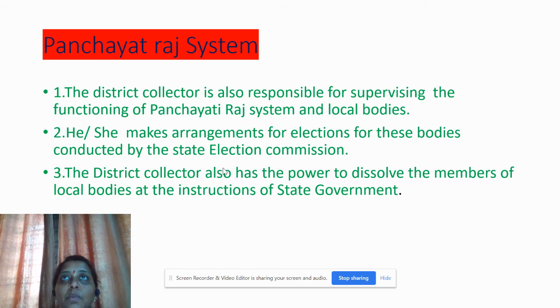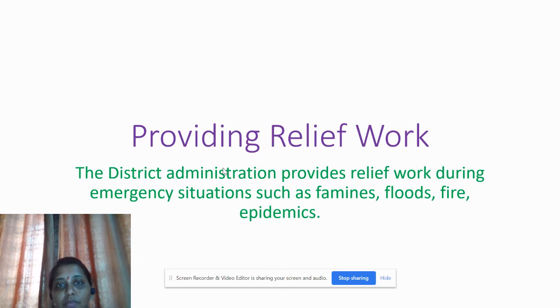If any member of these committees is not working properly, then he has the right to remove that person from the work, on the instructions of the government. Like we were talking about providing relief work during situations such as famines, floods, fire, and epidemics.